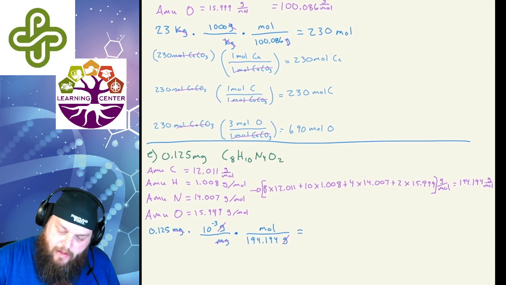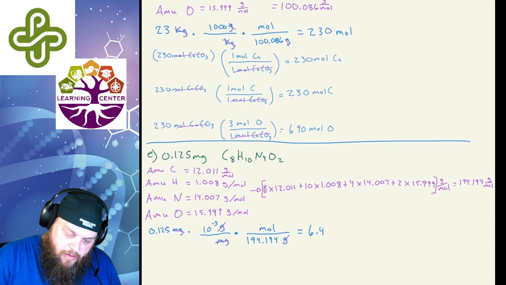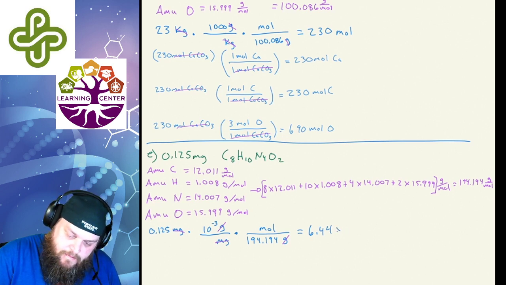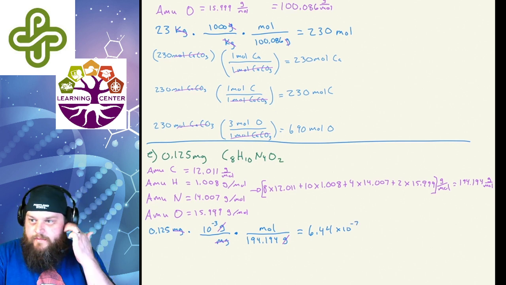Let's plug that into our calculator. 0.125 times 10 to the power of negative 3, times, I guess divided by 194.194 is equal to, I got 6.4, and we got 3 significant figures, 4 moles. Oh, it should be times 10 to the negative 7.